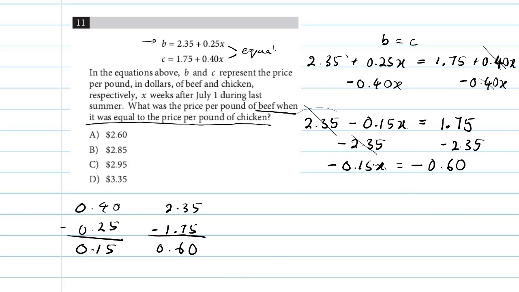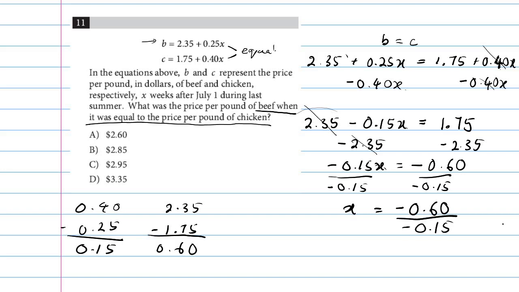All right, so you have x with a number attached to it, which is multiplied by this number. So you divide both sides by 0.15, or rather by negative 0.15, because this is a negative value. So this becomes x, because these two cancel out when you divide, and then you have negative 0.60 over negative 0.15.